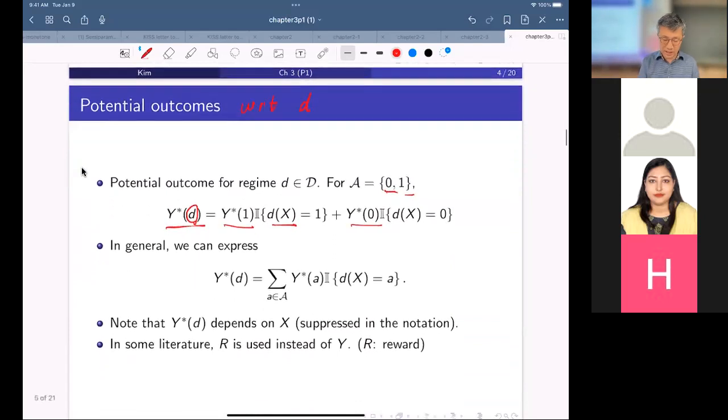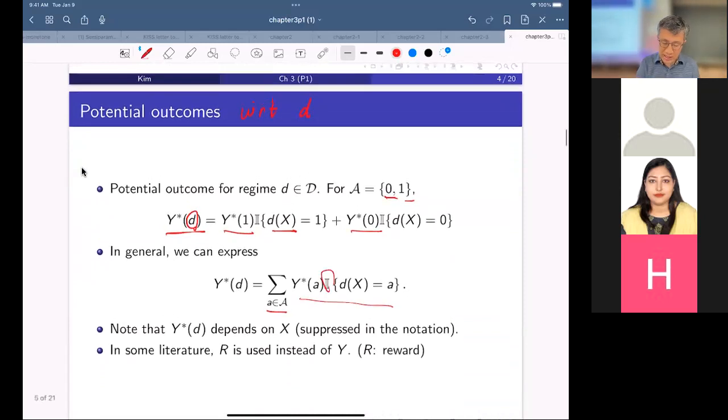Or in general, if you have more than 2, you could write it this way. Remember, this is an indicator function, so the event is equal to 1 and only 1. The events here are mutually exclusive because we are not going to give 2. You cannot choose 2 options; you just choose 1 and only 1.